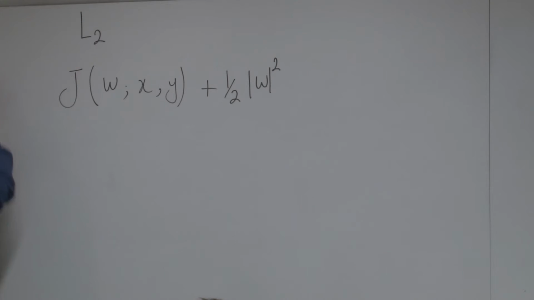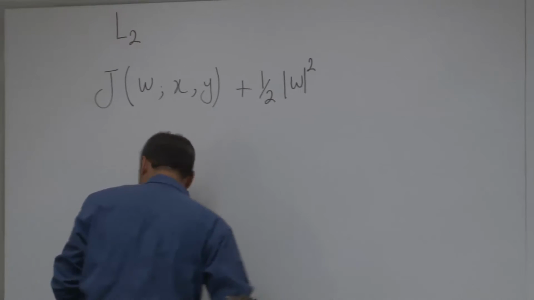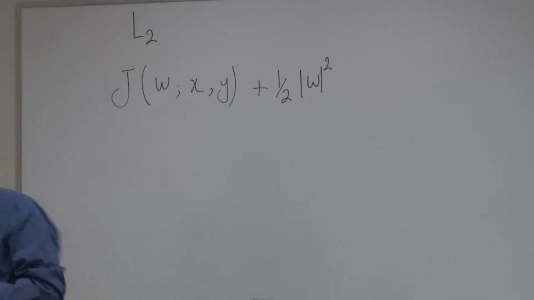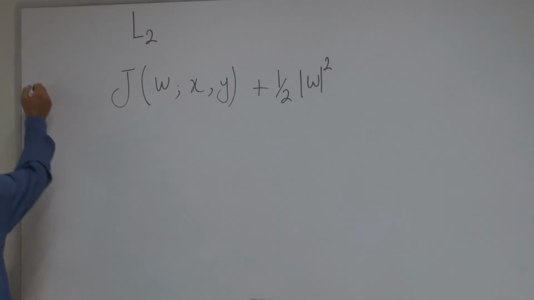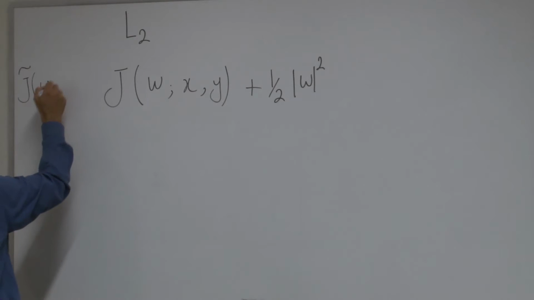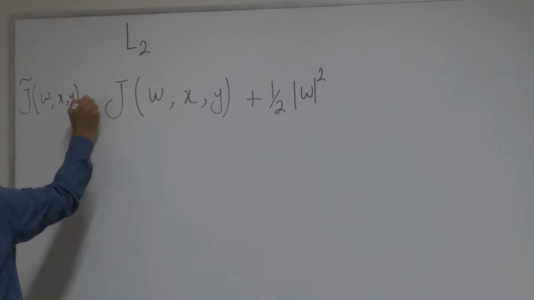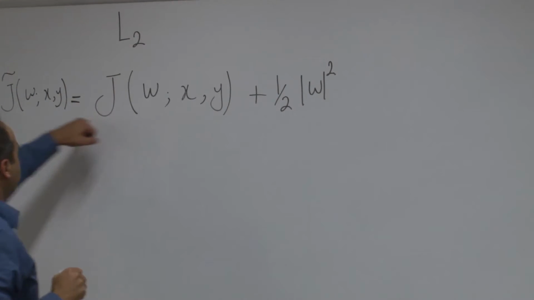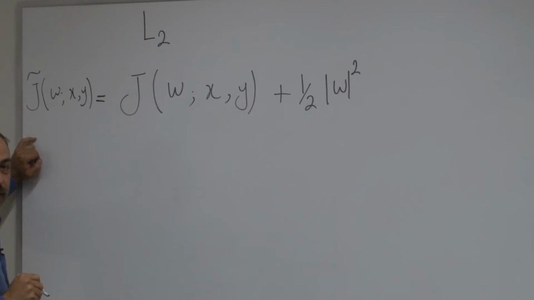I call this J tilde of W, x, y. So instead of minimizing J, I will minimize J tilde, right?